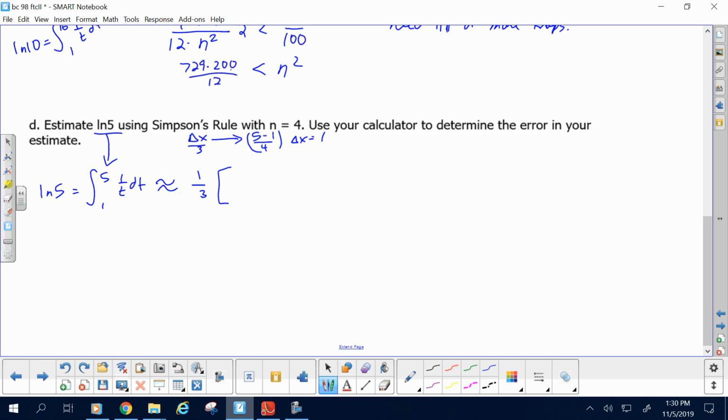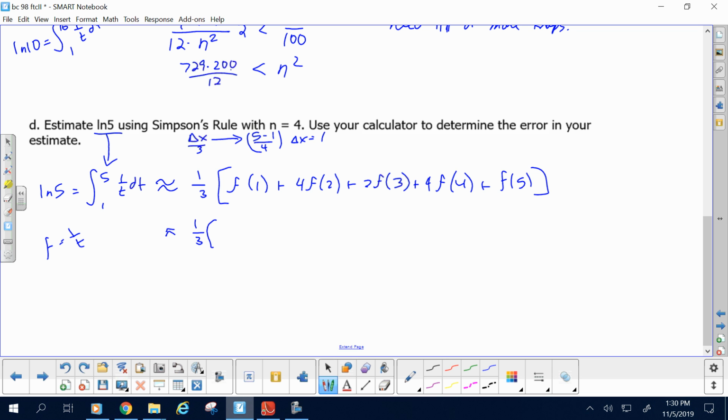So how does it start? If I let f equal 1 over t, then the first is f at 1. The next is 4f at 2, then 2f at 3, and 4f at 4 plus f at 5. Okay, I remind you, you have to do an equal number of subdivisions for that pattern to hold.